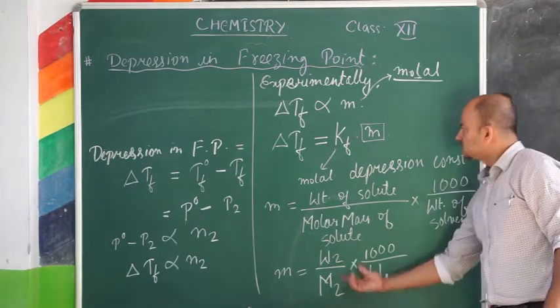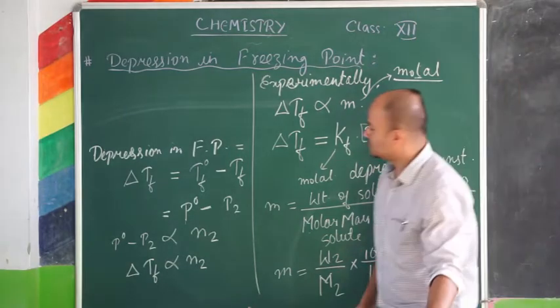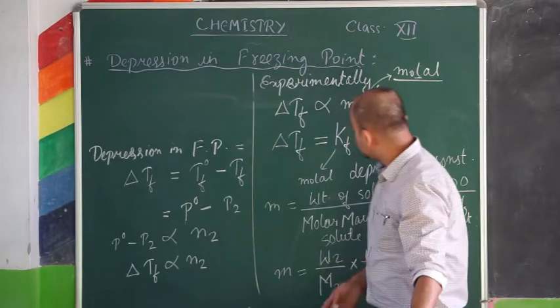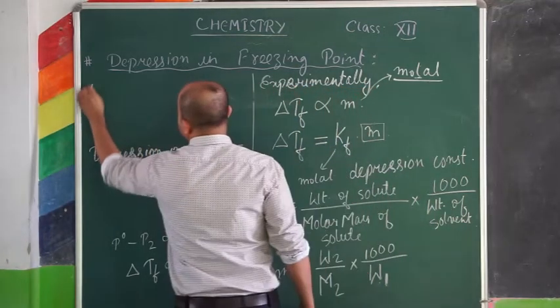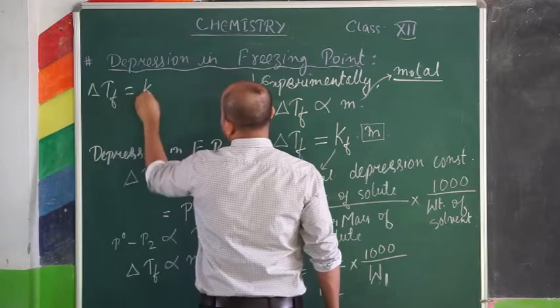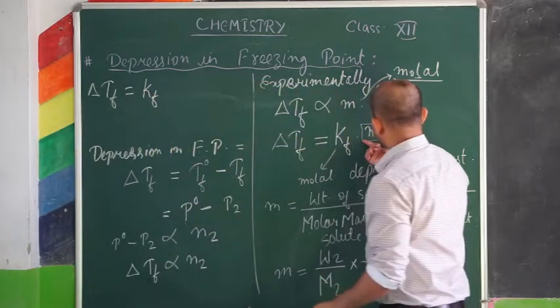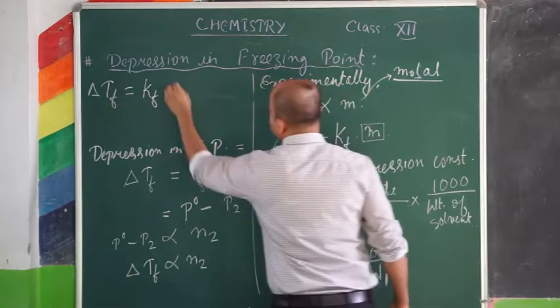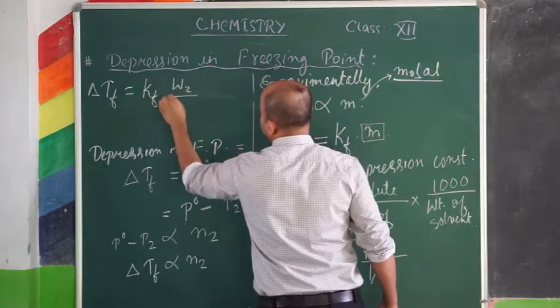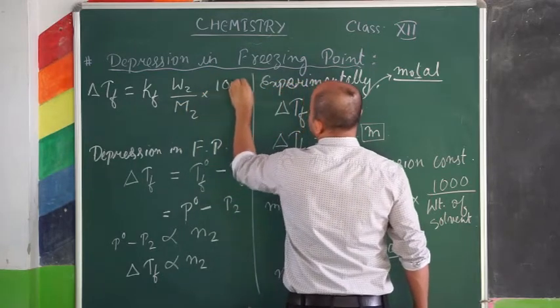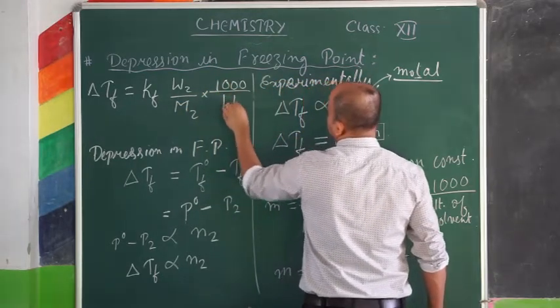So if we substitute this value over here, then we get the expression delta TF equals Kf, in place of m substituted with this value, W2 by M2 into 1000 divided by W1.